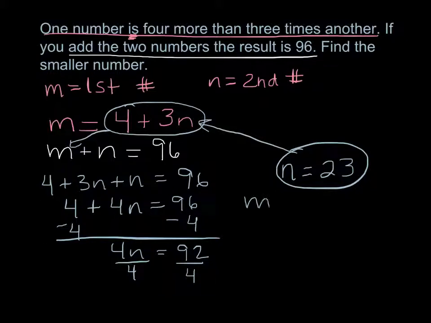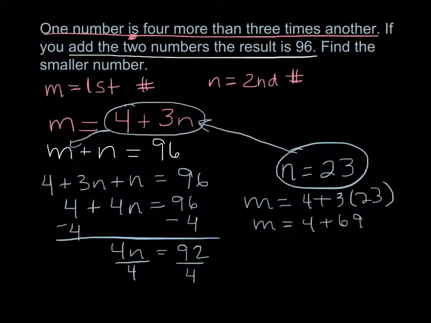So we have m equals 4 plus 3 times 23. So m equals 4 plus 69, which is 73.